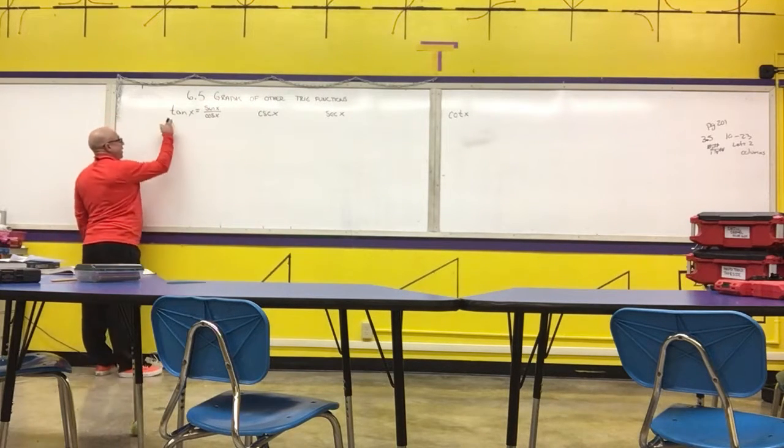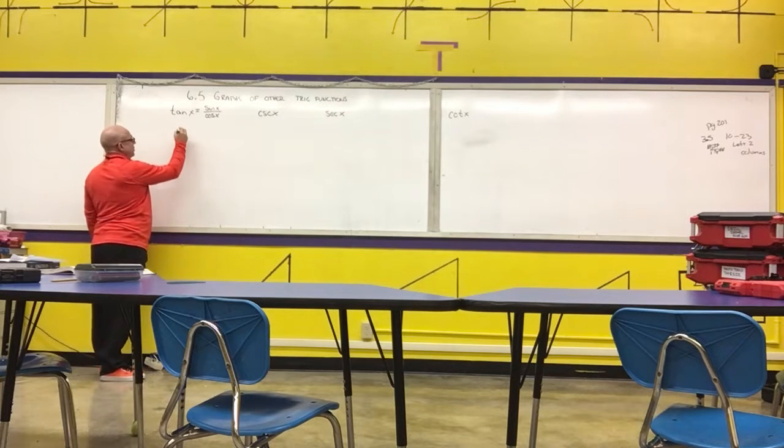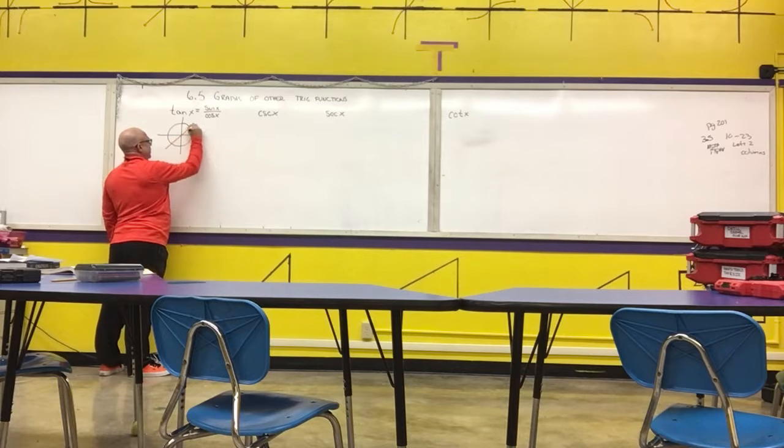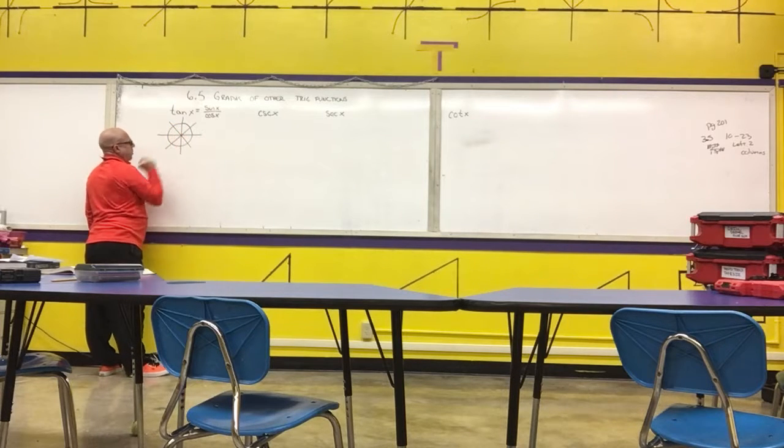So if I look at the unit circle really quick, I'm just going to put in the key points that we are going to end up using for our graph.